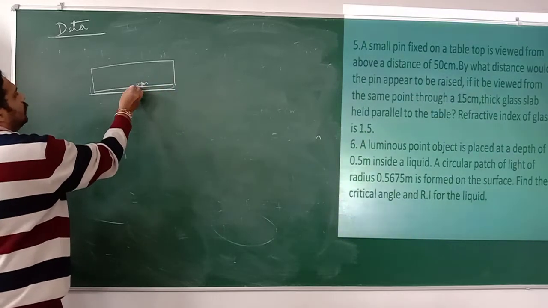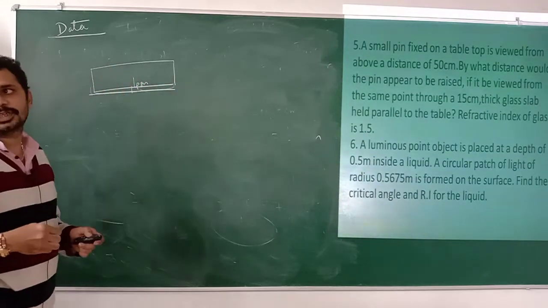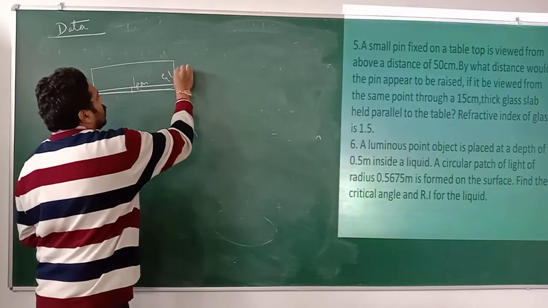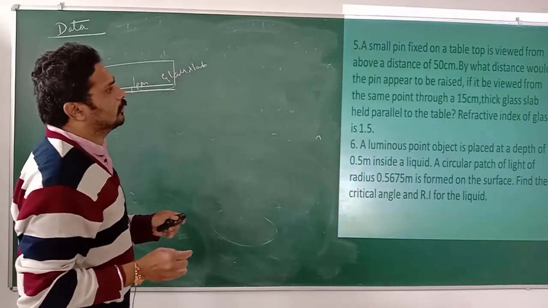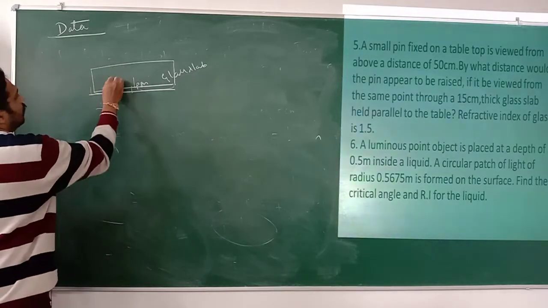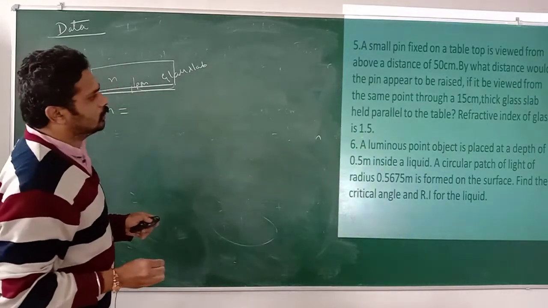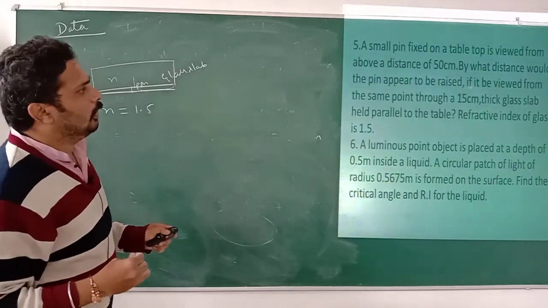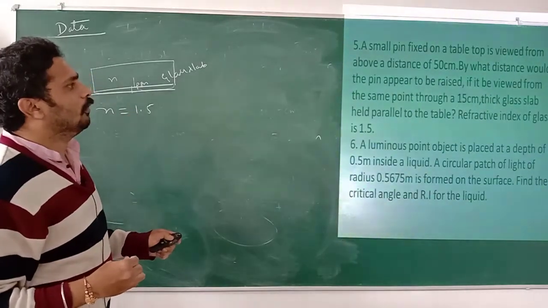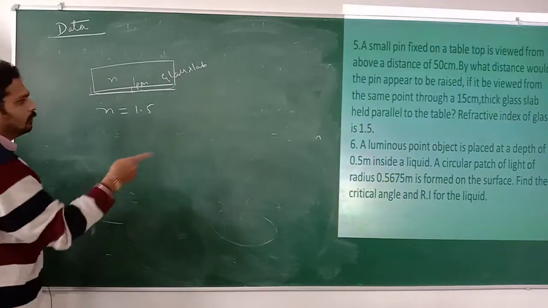Thick glass slab means we know there is a shift in the position of the object. They gave the refractive index of the glass slab: N is equal to 1.5.